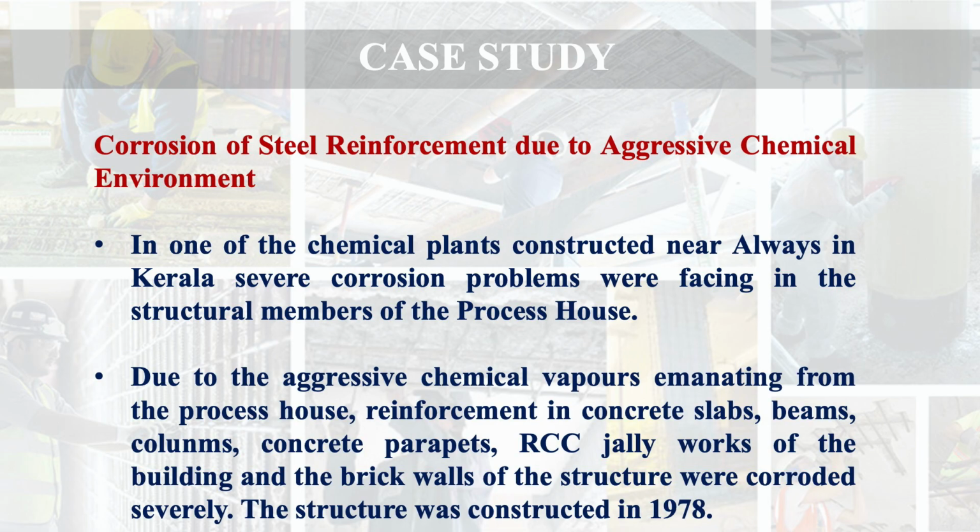Due to the aggressive chemical vapors emanating from the process house, reinforcement in concrete slabs, beams, columns, concrete parapets, RCC jali work of the building and the brick walls of the structure were corroded severely. The structure was constructed in 1978.